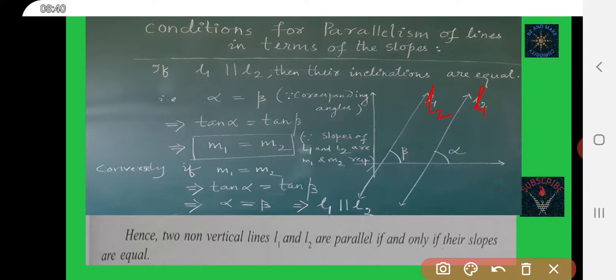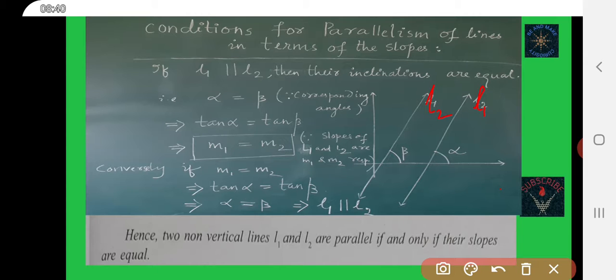Okay? And you know that tan alpha is nothing but the slope of line L1, and tan beta is the slope of line L2. So here M1 and M2 are the slopes of line L1 and L2 respectively.